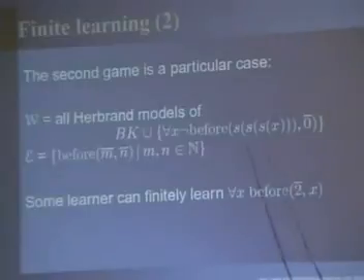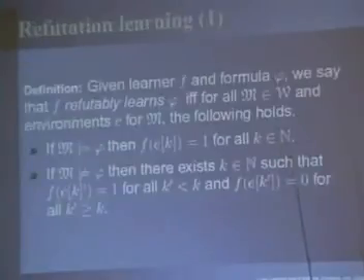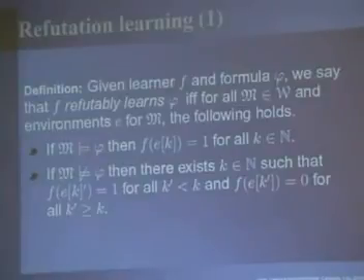If the formula phi is true in the model M, then the learner f outputs 1 for all k equal to n. So if it is true, the learner right away from the start says this formula is true.